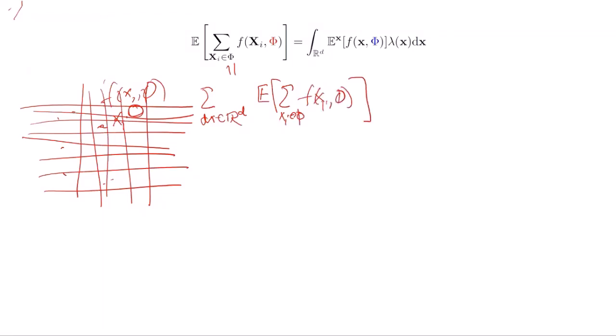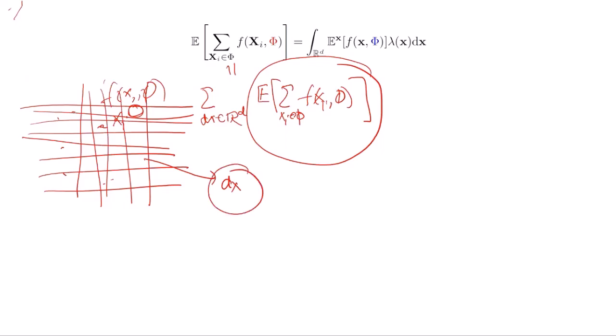Now if I look at a small interval and just focus on that, take this small set dx. To compute the expectation in this area, we need to know how many points are there. If dx is very small, there can be either 0 points or 1 point in it.